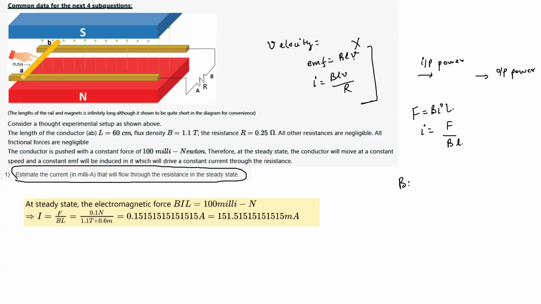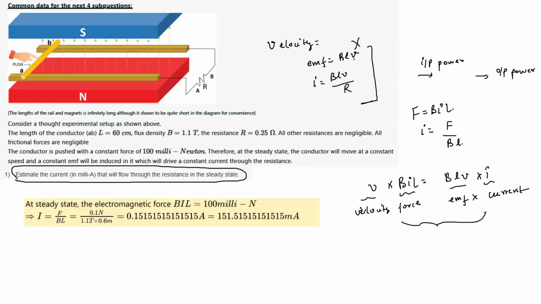So basically BIL into velocity should be equal to BLV, basically EMF into current. This is EMF into current, and this is force into velocity. So you can see that force into velocity is equal to EMF into current. Right, here BLV into I, and here V into BIL.